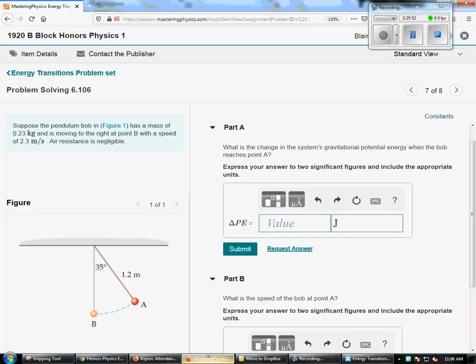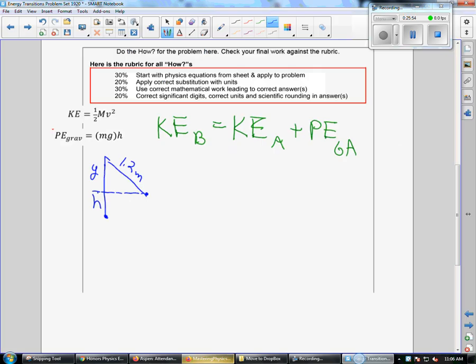My angle is 35. And so I know that Y plus H equals 1.2 meters.